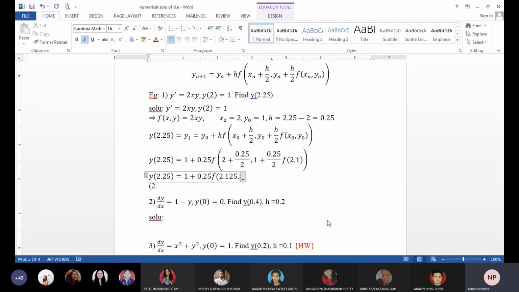Just take out 1 plus 0.125 multiplied by f of 2 comma 1. What will be f of 2 comma 1? What will be f of 2 comma 1? Four. 4. Good.